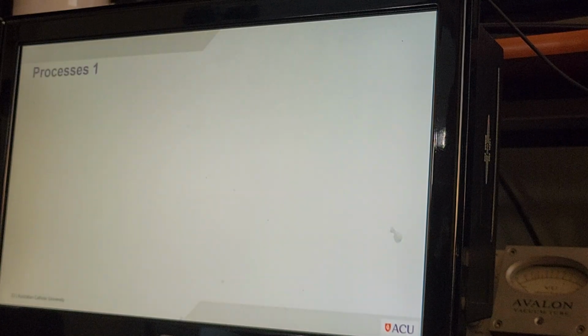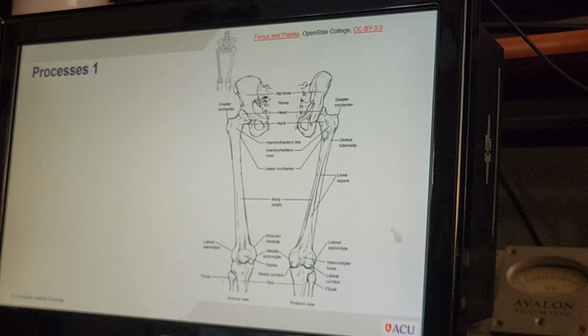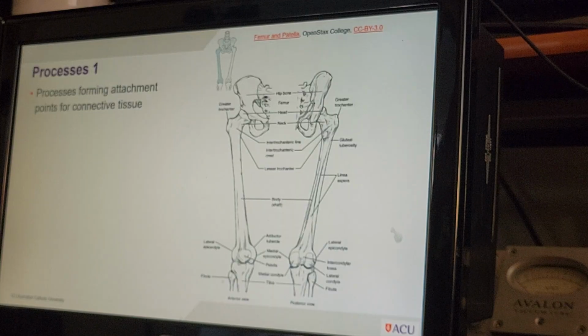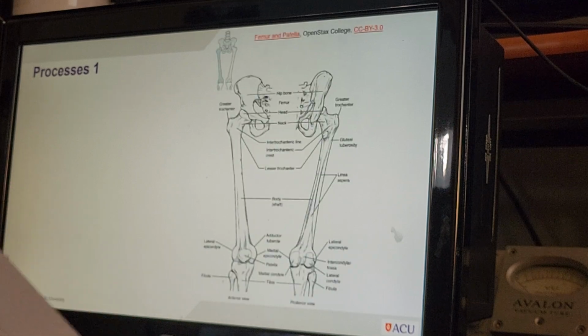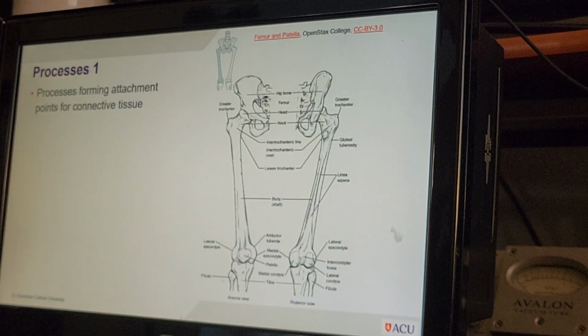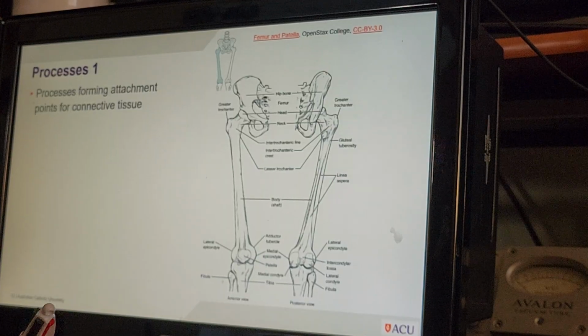So let's have a look at these processes, the projections or growths on bone. Firstly, we'll look at the ones that are involved in forming attachment points for connective tissue, so attachment points for ligaments and tendons.